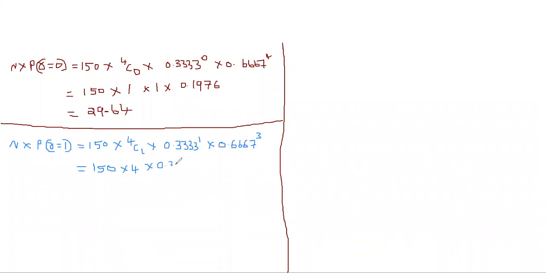Into 0.6667 raised to the power of 3. Whatever answer I got here, I will divide once by 0.6667, that is 0.1976 divided by 0.6667. I'm getting 0.2964.